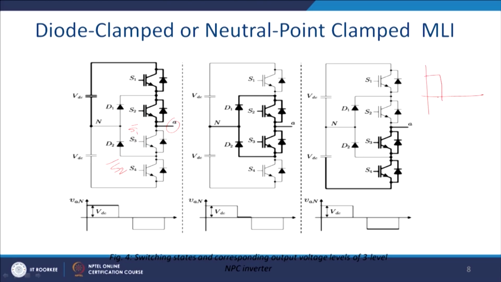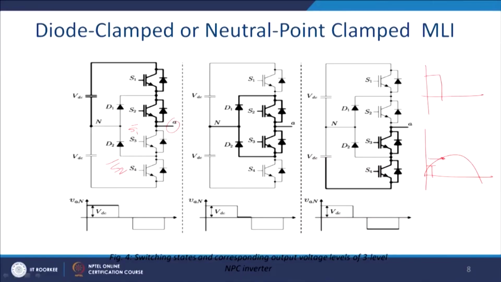But generally, since you are tracking the sine wave, you generally do not apply this high voltage at the beginning. Generally you will have a half voltage here, and from there onward this big voltage of VDC will be applied.